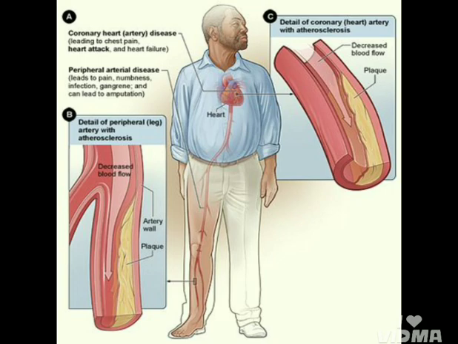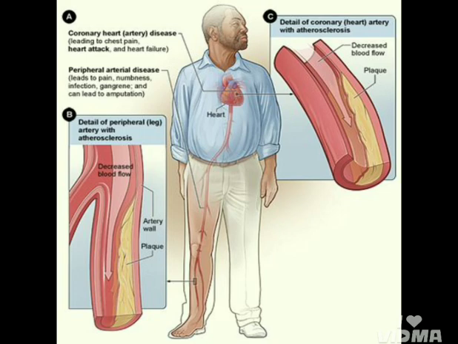The next one is bypass surgery. A surgical procedure in which a healthy blood vessel from another part of the body, for example from the leg or chest, is used to create a new route for blood flow around blocked arteries. These are often used for severe blockages in coronary arteries or peripheral arteries.